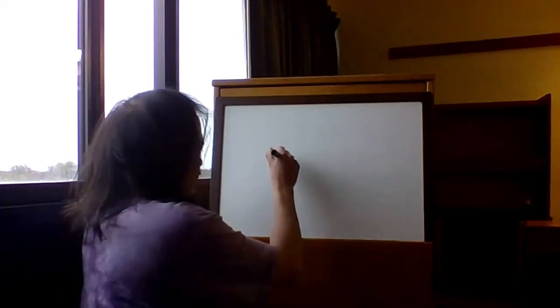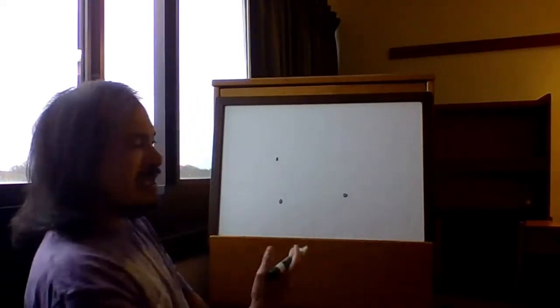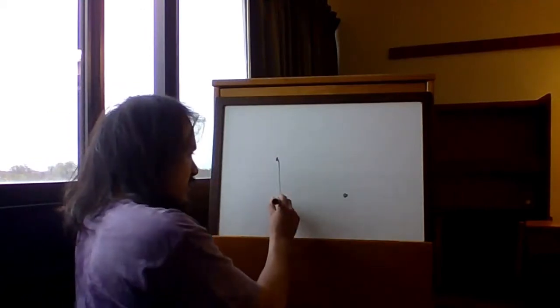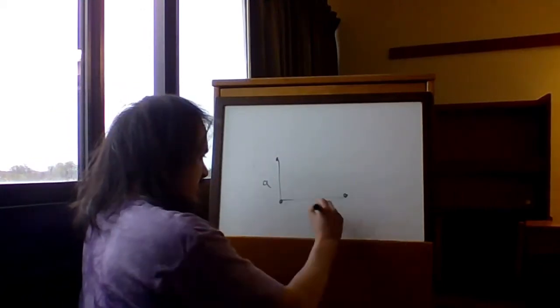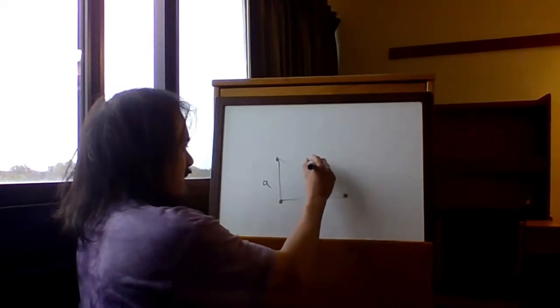Right, so if we have these three, or any 3 points really, and we know two of the distances, A and B, how can we find C?